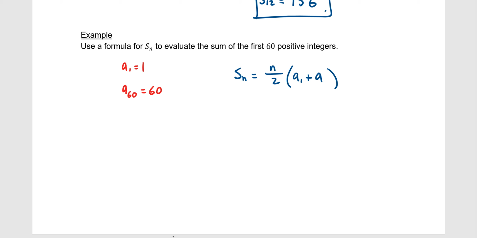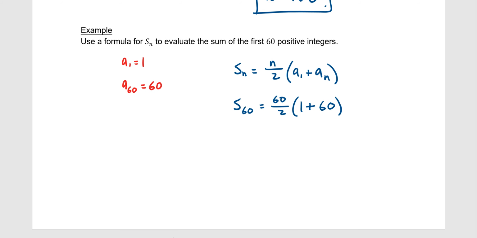Okay, all we have to do is plug this stuff in now, so S of 60, the first 60 integers, is 60 over 2 times 1 plus 60. And we just have to simplify this. This ends up being 30 times 61, and 30 times 61 gives us 1,830.